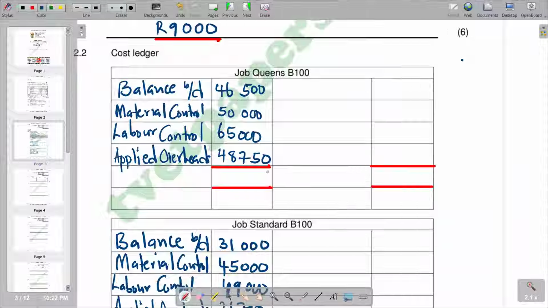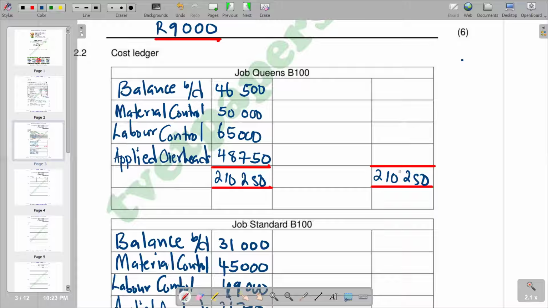So if you add 46,500 plus 50,000 plus 65,000 plus 48,750, you're going to get your total is 210,250. It was to come to the credit side. So it means this is going to be our balance CD.